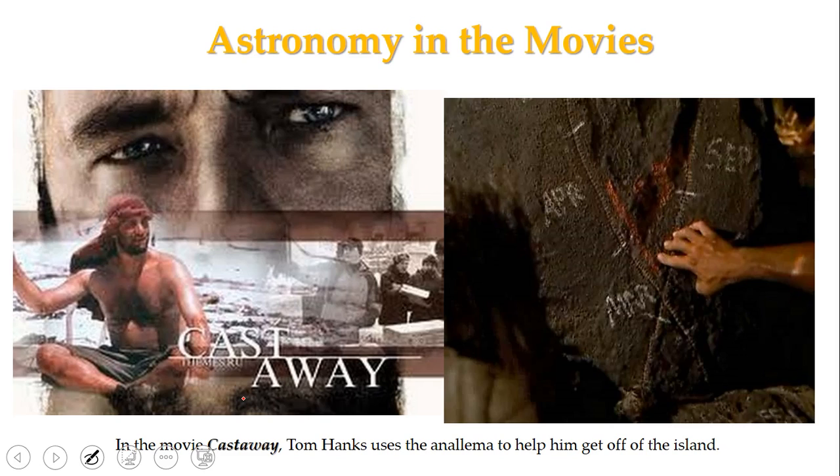Now with this, here's the last thing. How does this actually apply? Well, what's really cool, if you've ever seen the movie Castaway, Tom Hanks actually uses the Analemma to help him get off the island. It's really neat how this can actually be used in multiple areas, because what he wanted to do is he wanted to look at getting the right time to, of course, get the winds to blow offshore.